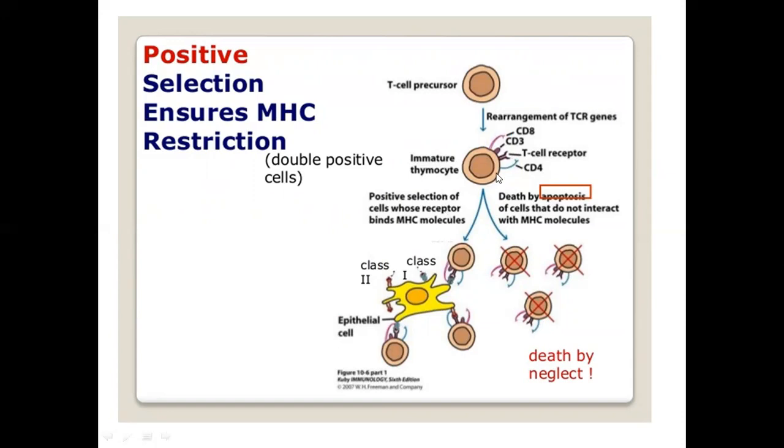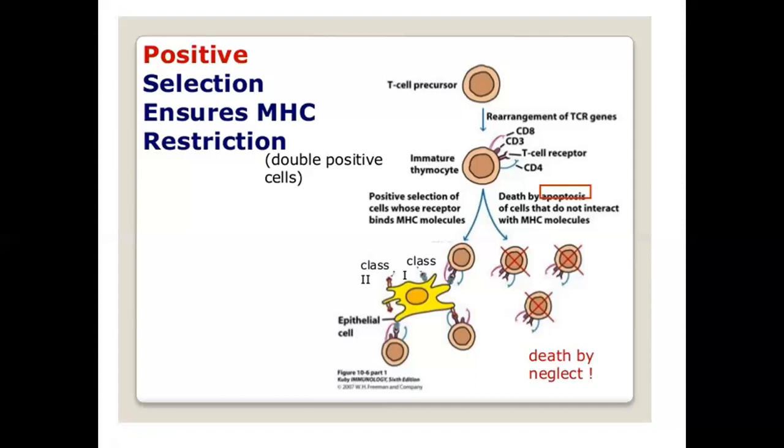The immature thymocytes bind, in the thymus, to the epithelial cells of the thymus, to the class 1 or class 2 MHC molecules. The binding of these immature thymocytes to the epithelial cells provides a signal, and that signal protects the thymocytes from apoptosis.